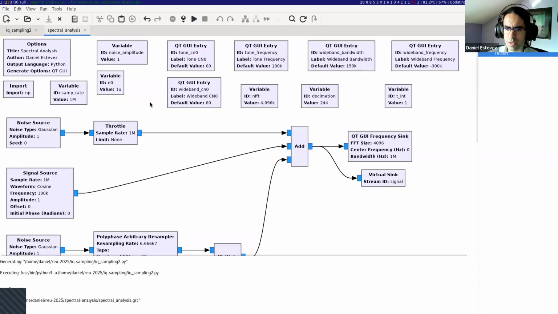For the second part of today, I'm going to be explaining how to do spectral analysis, as I mentioned at the beginning, and also how to generate some different types of signals. We will also be speaking about signal to noise ratio, which is essential if we want to know when we can detect a given signal, because a signal might be so weak that it is statistically impossible for us to detect.